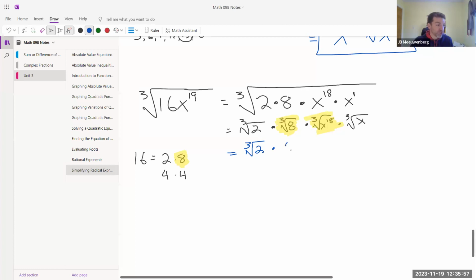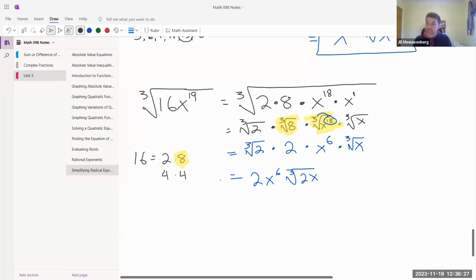This is now 2. Cube root of 8 is 2. Remember what this one is? It's x to the 6th. We're always going to divide our exponent by whatever our root is. And then this one we're going to leave, cube root of x. We take the simplified ones, we put them out front, 2x to the 6th. And then we put the remaining ones on the inside. Cube root of 2x.